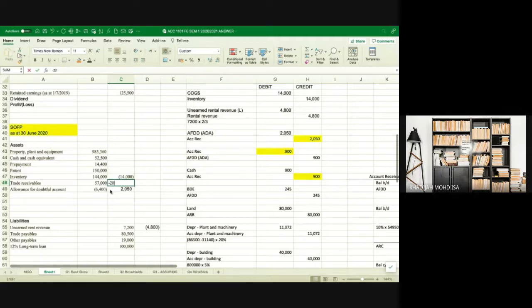Minus 2,050. Right? Why is minus? Because here account receivable is credit, so it means that credit is a reduction in your trade receivable. And then you have account receivable debit of 900. You want to plug in 900 there, and here is minus 900 under your ADD.